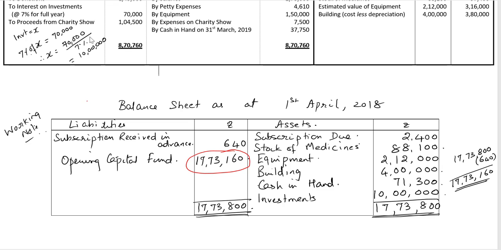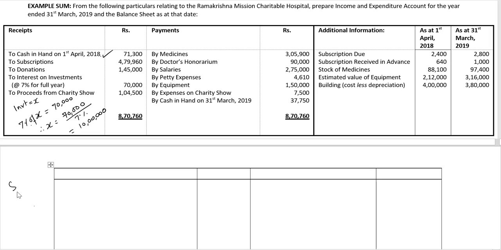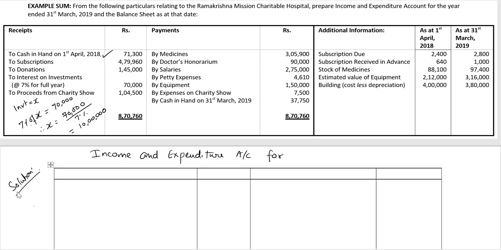We'll move on to the income and expenditure account. Solution. Income and expenditure account for the year ended 31st March 2019.